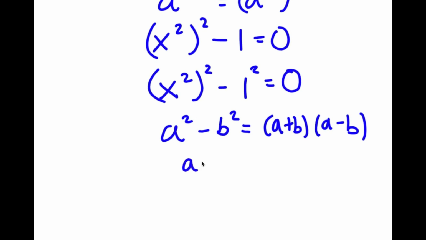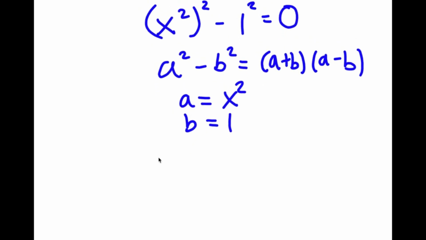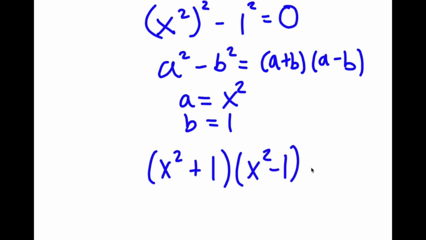So in this case, a is x squared and b is 1. So I have x squared plus 1 times x squared minus 1, and this is equal to 0.